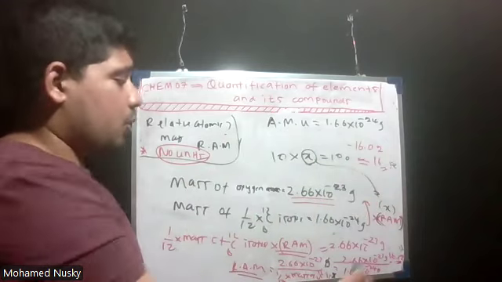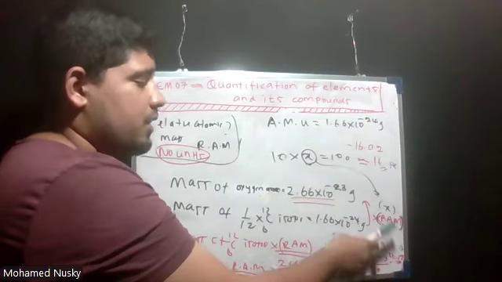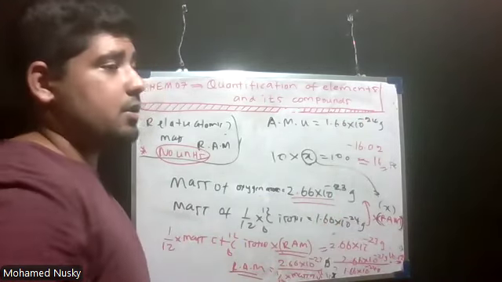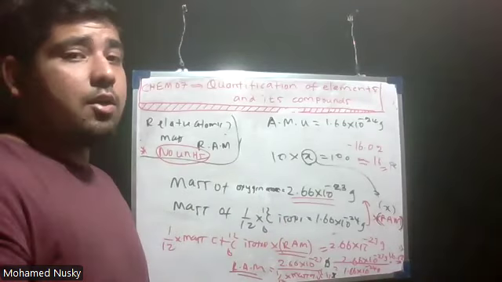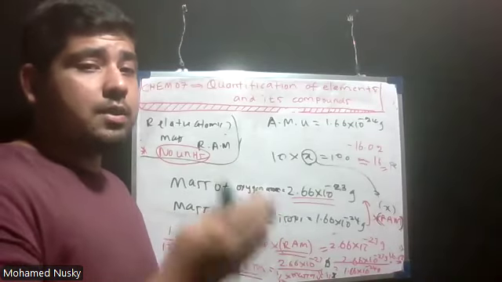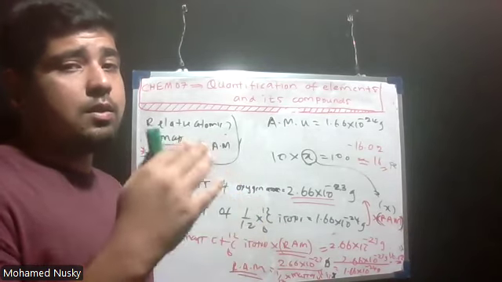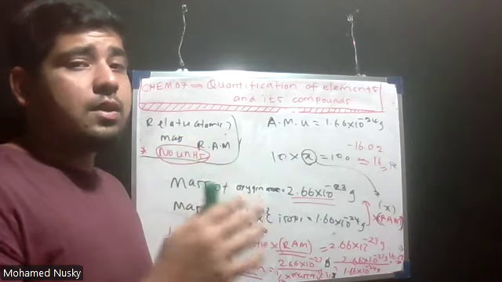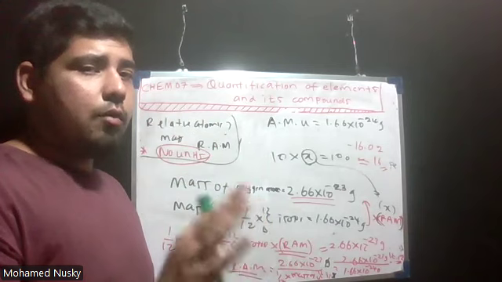What is the relationship? With how many times should I multiply the atomic mass unit to get the true mass of that element, the true mass of an atom of an element?